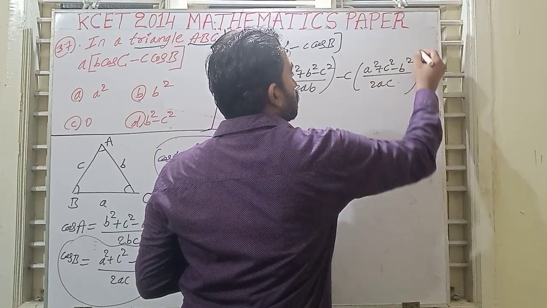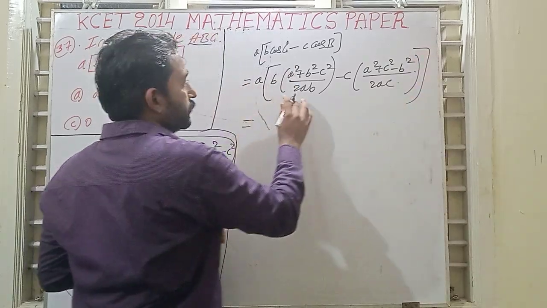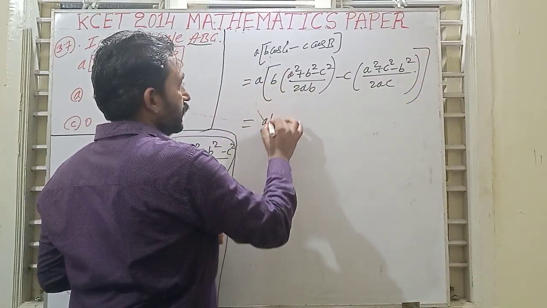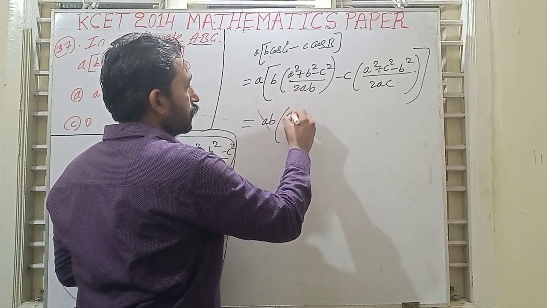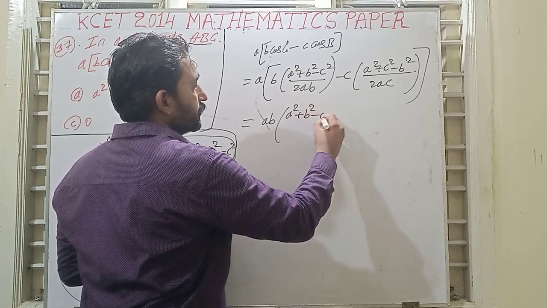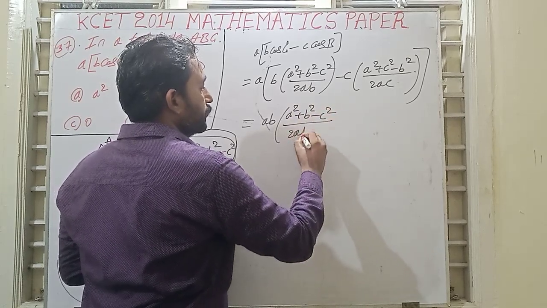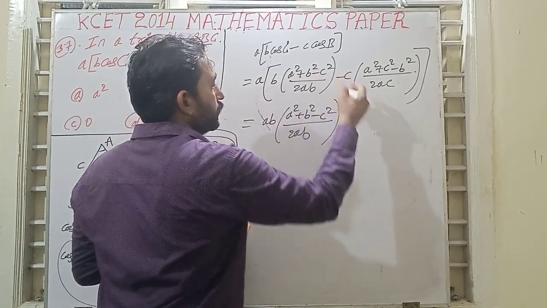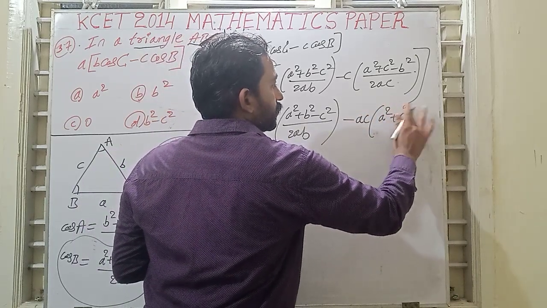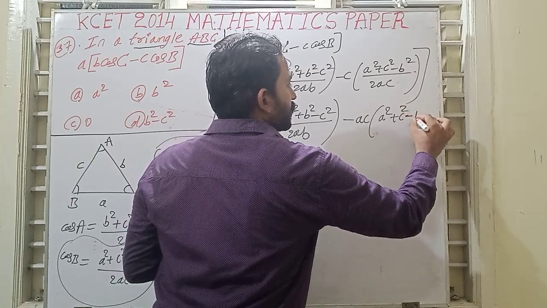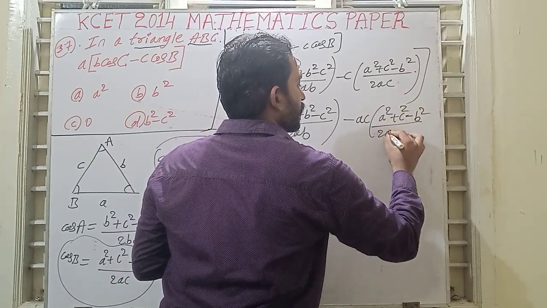Okay, so multiply these two terms by a, we get ab into a square plus b square minus c square divided by 2ab, minus a into c, ac, a square plus c square minus b square divided by 2ac.